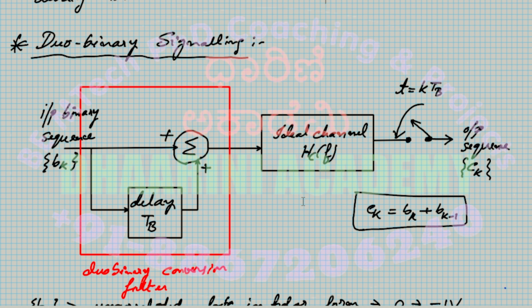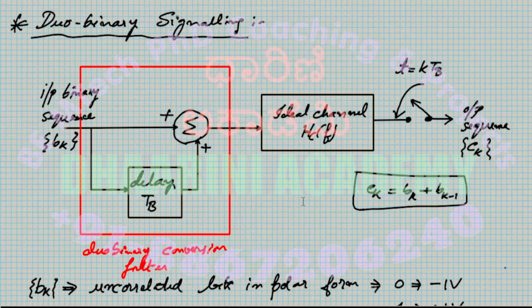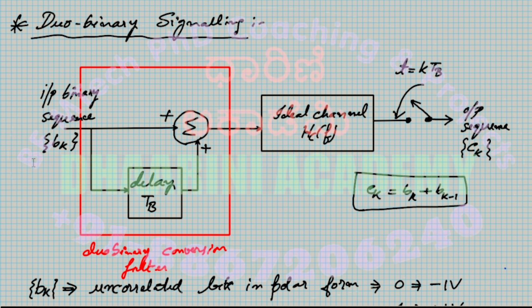In duobinary signaling, the input sequence, which is b_k, a series of numbers like 10100011 and whatever, comes in, and I have to add them with a delay, because our logic says that I get a present symbol and the past symbol getting added. So there is a summer block.